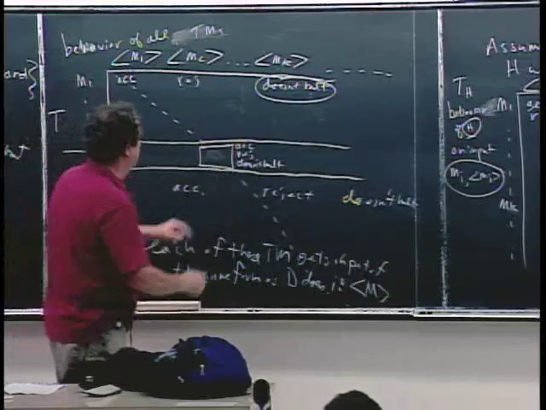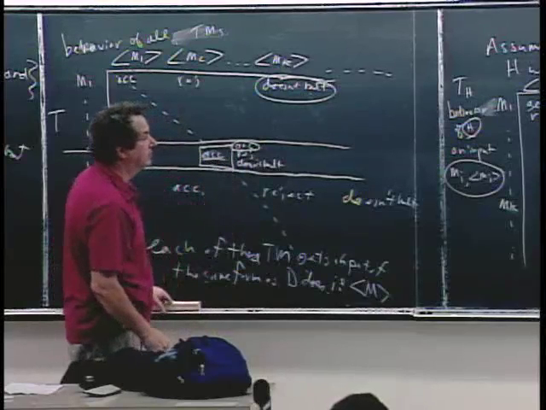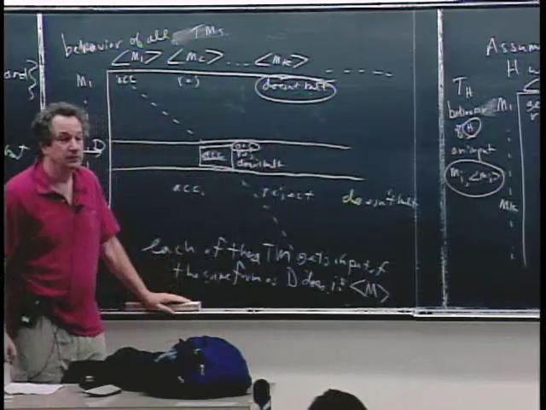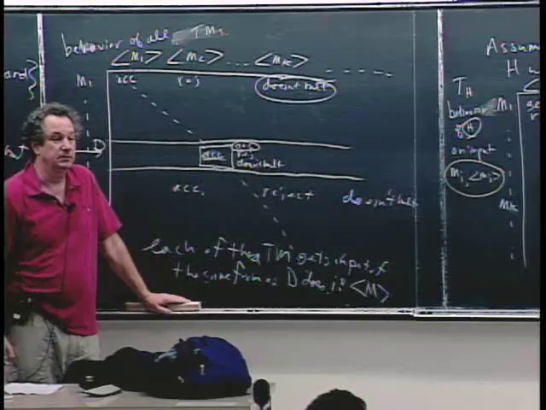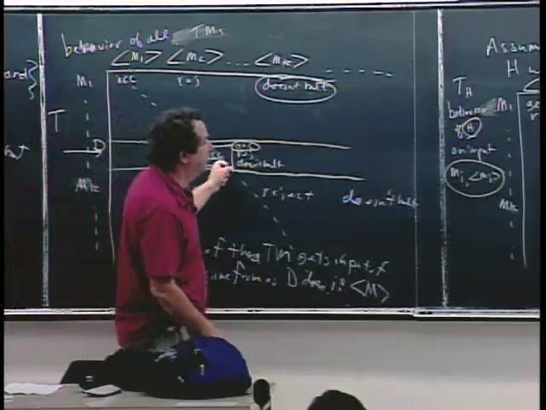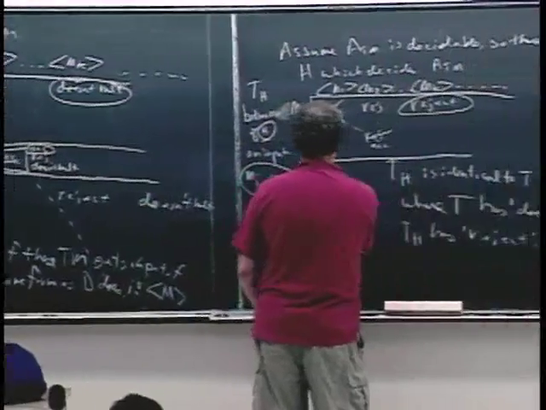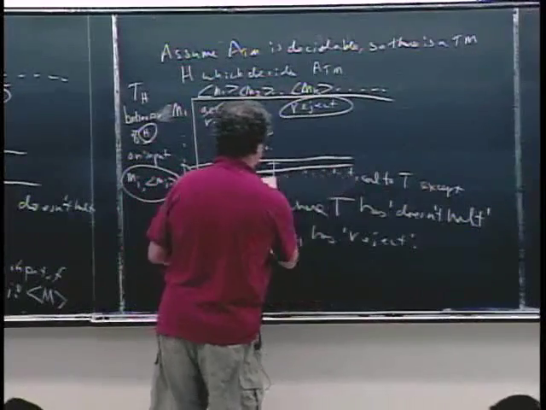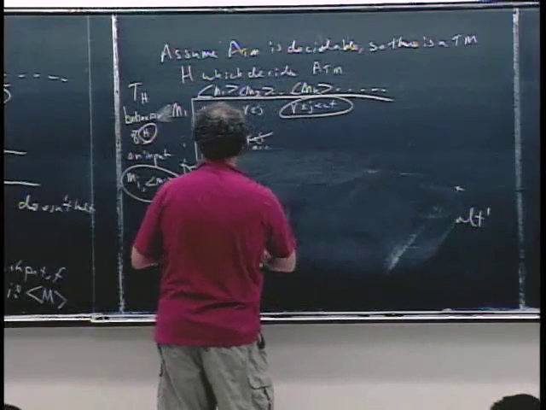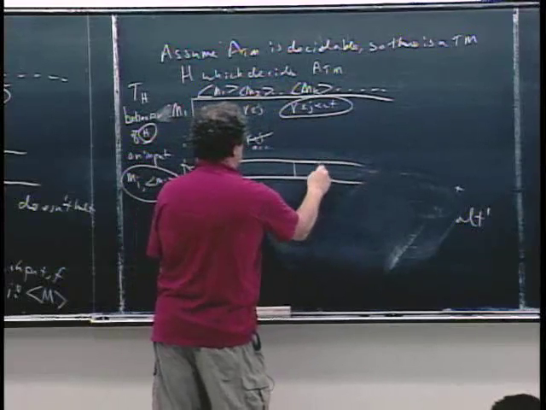Well, let's say over here we have an accept. So what do we have in that table for D? Well, that table for D is 2 steps away. This accept translated into an accept. I just erased the key to the answer, but I think you'll remember. Let's say this is the diagonal here.